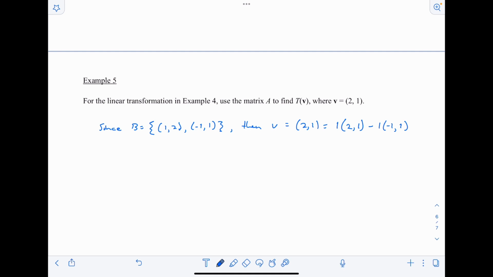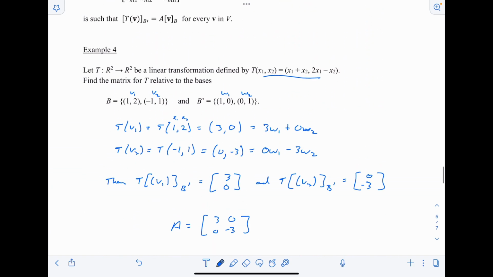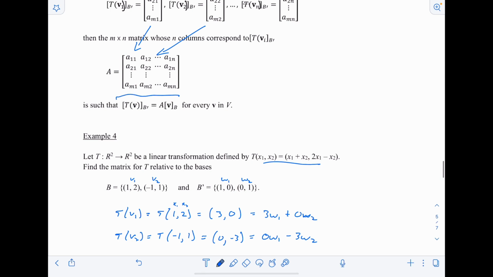relative to the bases. So from that, we're going to say that T of V relative to B prime is equal to the matrix A times V relative to B. And again, that's just coming from our definition up here. That's just this part right here. Okay.